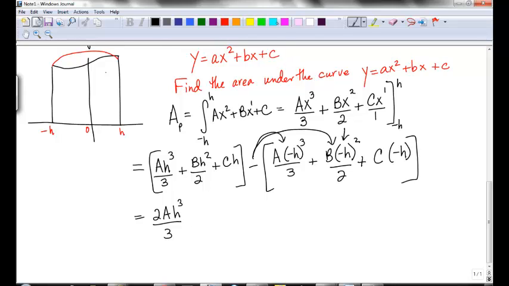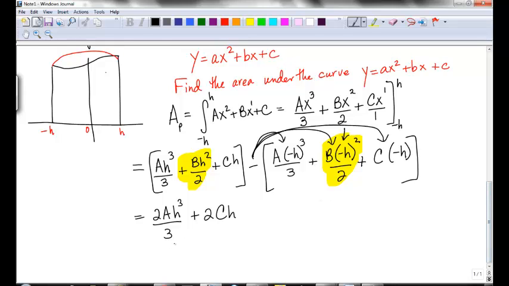So these two terms drop out, because when you distribute this negative sign, that makes that term negative. Then negative Ch, and distributing this negative sign makes that positive Ch, so we've got plus 2Ch. So far, combining like terms.